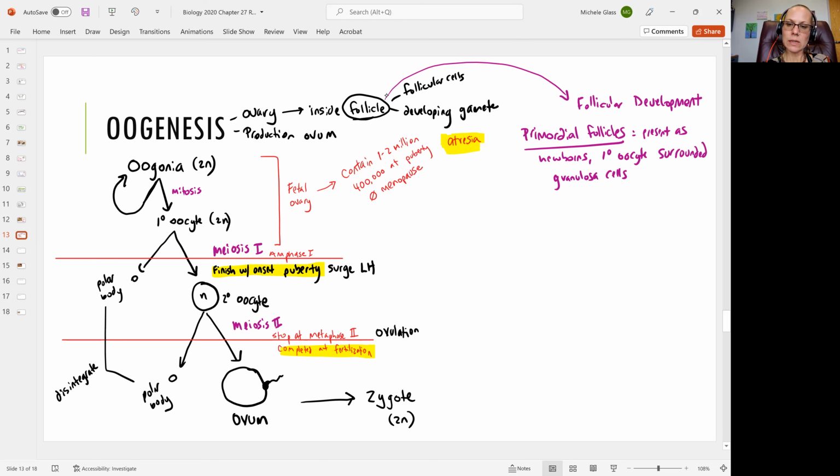And then we're going to see, after puberty, we start to trigger development from a primordial follicle into a primary follicle. From the primordial follicle, we see development into a secondary follicle.